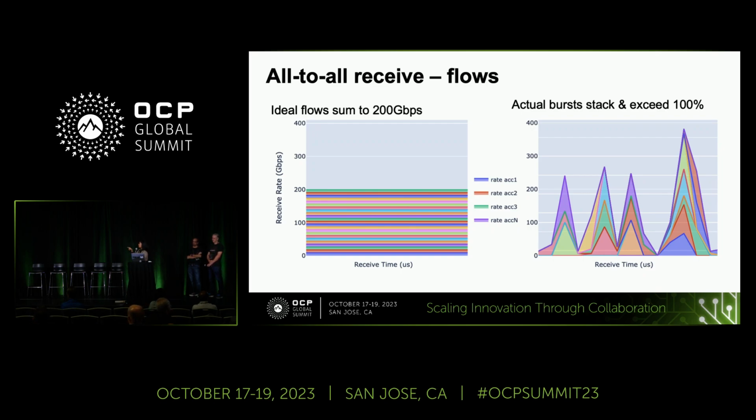It's quite different from the one before. The main takeaway here is that we have different flows coming from different senders at the receiver at different times, which makes the overall traffic pattern more unpredictable. And the intensity of the burst varies as well. Now, this is the case with 24 accelerators. As we scale up the number of senders, the likelihood of these bursts lining up and exceeding the line rate increases.